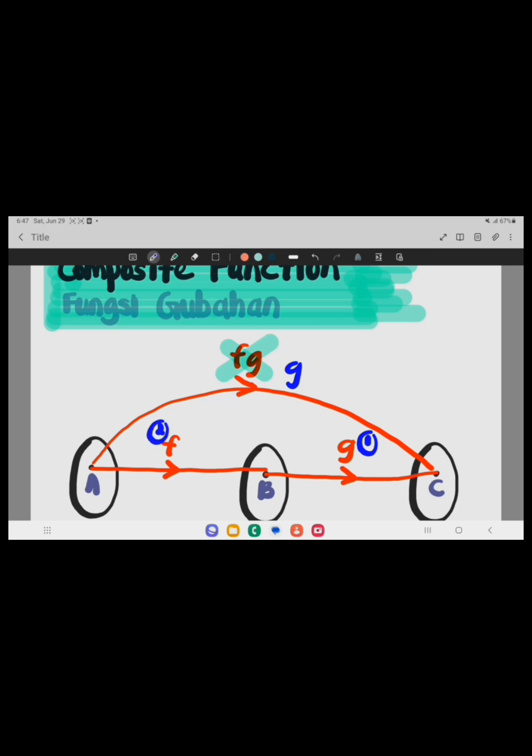So you must write the f behind the g. If it is a composite function, always start writing the function on your right hand side first. So this is number 1, this is number 2. Same if you have number 3, number 4, just write it behind. So always start writing the composite function from your right hand side.